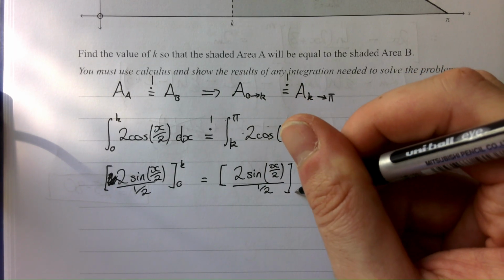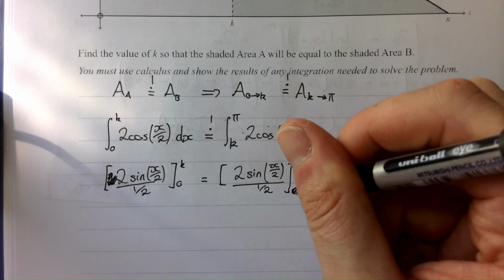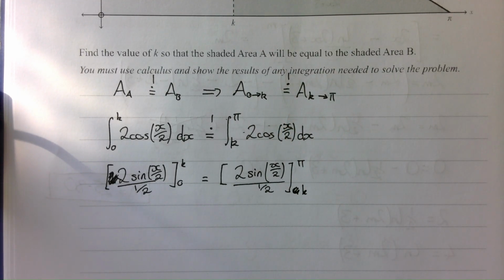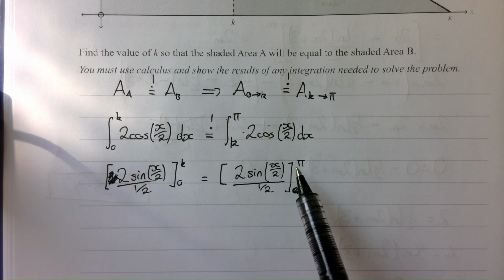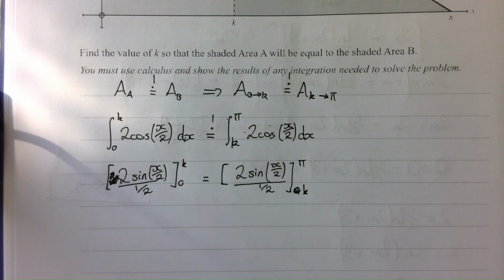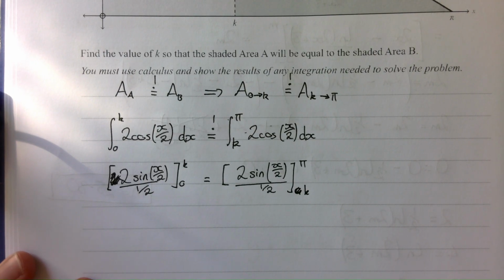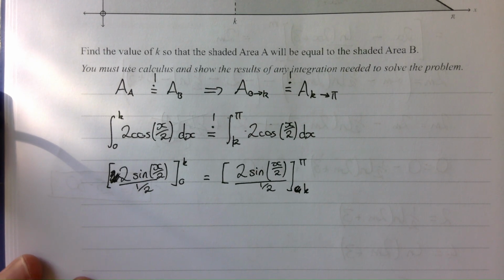Pi, not 0, pi and k. Now, hopefully, you can start to see where this is going. We've got pi's and zeros involved, so we know there's going to be some ones and some zeros that get cancelled.